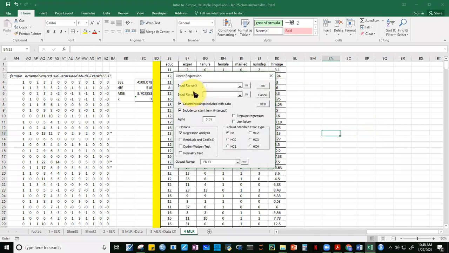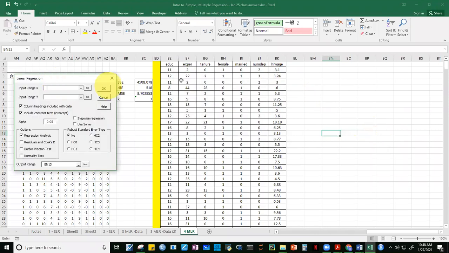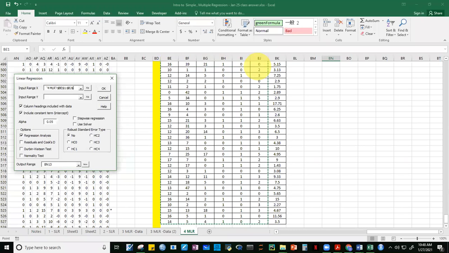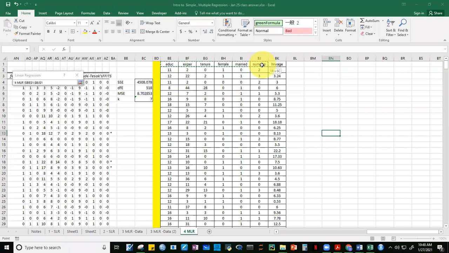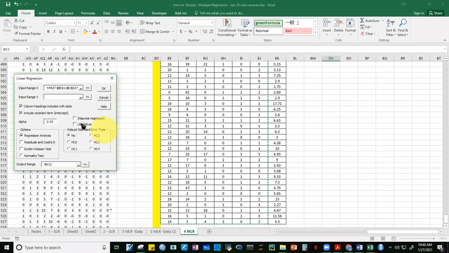Okay. Then this time ang input range natin hindi na 7, 6 na lang, no? Kasi tinanggal na natin si categorical variable na non-white. There.